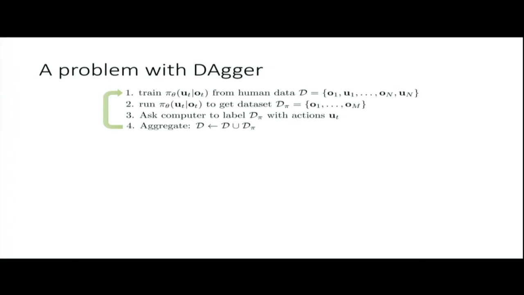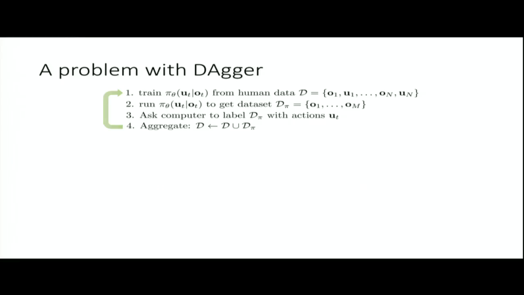But there is still another problem with Dagger, which is this step where you actually run the policy. Let's say you start the algorithm and you do step 1, you train your policy to mimic some expert. In step 1, the initial policy you get might not be so great because you haven't actually addressed the distribution mismatch yet. Then you have to run that policy, collect some data, and then you can address the distribution mismatch.